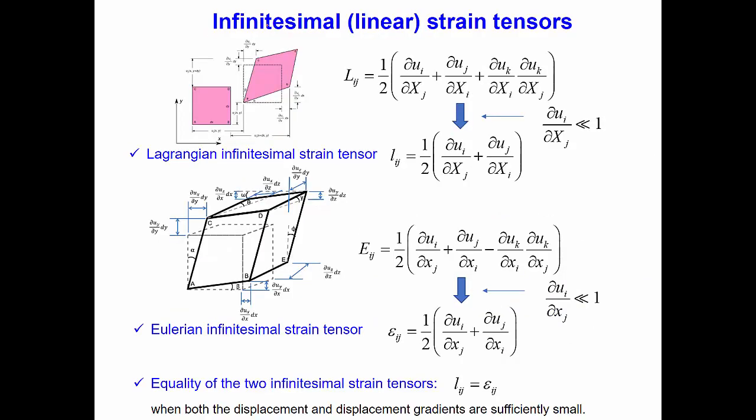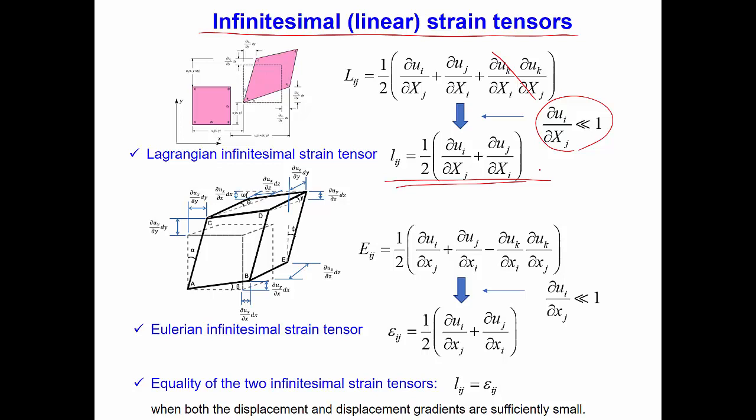Now let me define infinitesimal or linear strain tensors. Assuming that the material displacement gradient is too small compared to unity, we can delete the higher order term, and then we can obtain the Lagrangian infinitesimal strain tensor, like this.